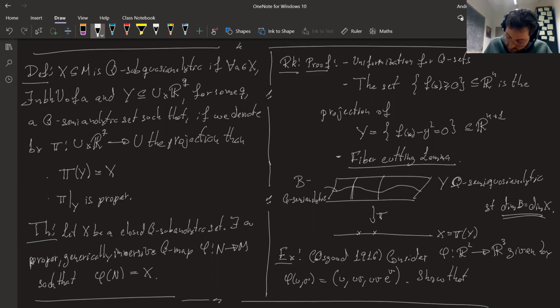Show that phi of the unit ball is subanalytic but not semi-analytic. This is the classical example of Osgood.